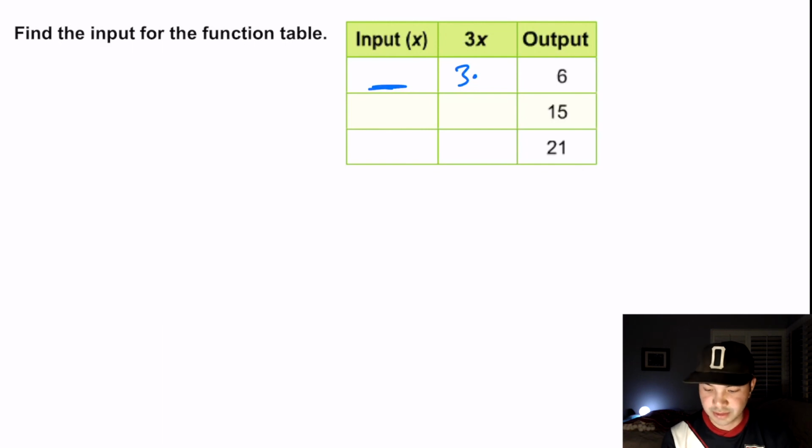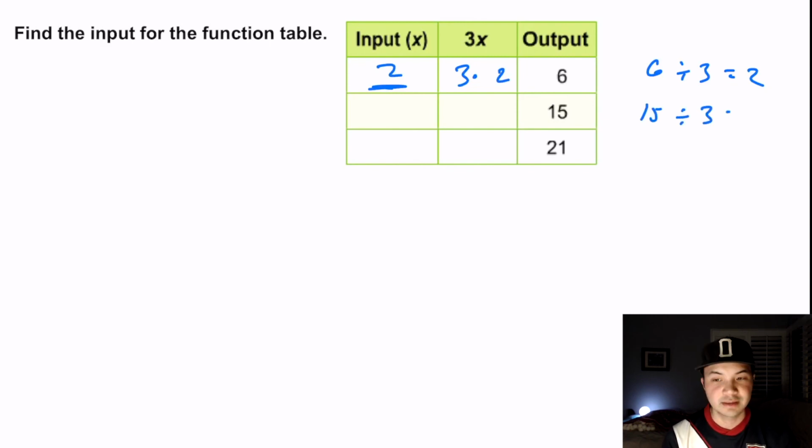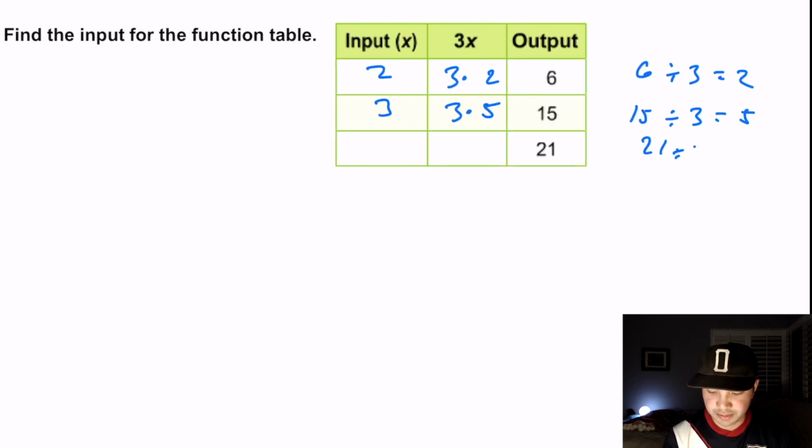So you can do the actual opposite. You can go, okay, 6 divided by 3, that was 2. So my input was 2. Same thing. 15 divided by 3, that's 5. Let's check that. 3 times 5 is 15, that's right, so my input was 5. And then 21 divided by 3 equals 7, so 3 times 7, my input was 7.